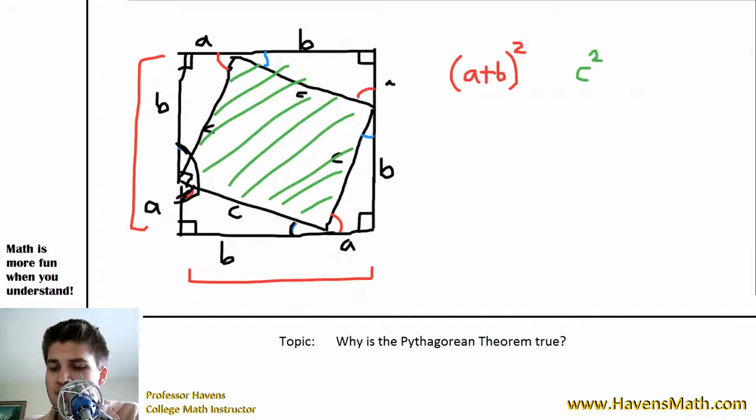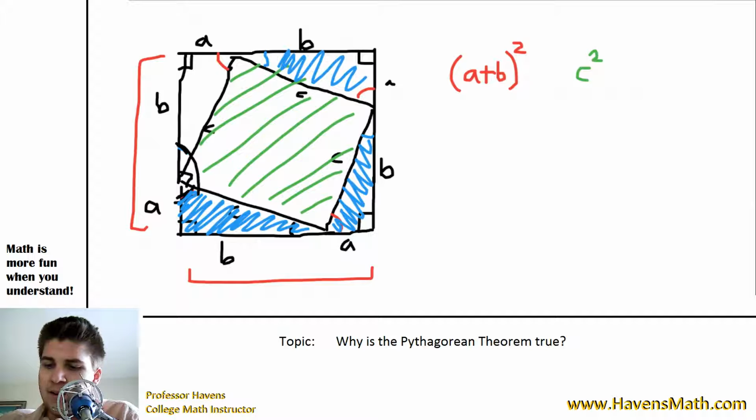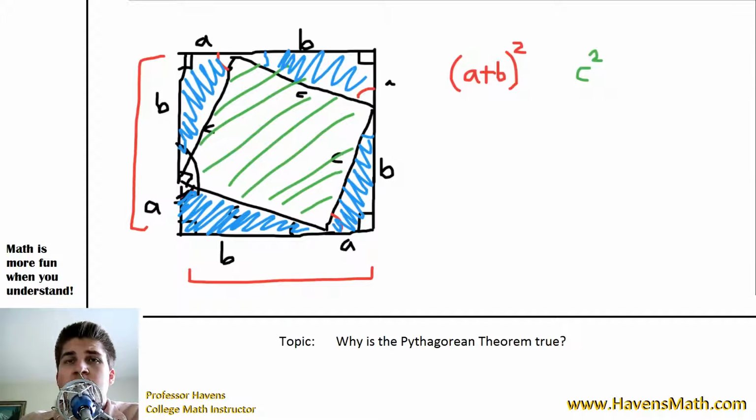If we look at this triangle down here, that has some area. This triangle over here would also have an area, and this would have the same area, and this one over here would also have the same area. So we'd have 4 triangles all with equal area. That would just be 4 times the area of one of the triangles. Well, one basic formula for the area of a triangle is 1/2 base times height.